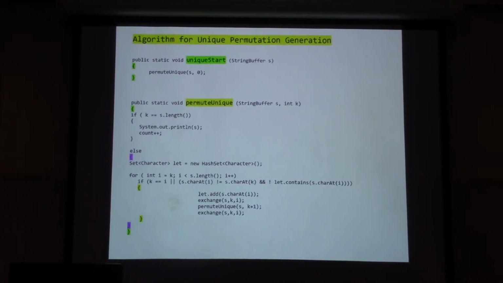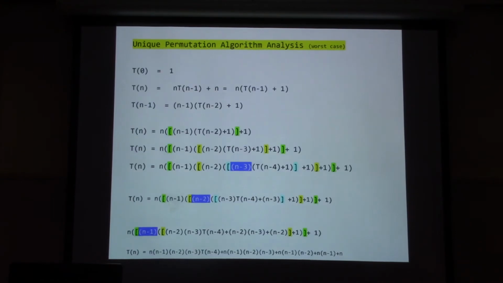We're going to add it to the letters, we're going to exchange, we're going to permute unique, and then we're going to exchange it back. So this is going to skip all of the common ones by simply not exchanging letters that are the same, because they're not going to give us any differences, and keeping track of which letters we've exchanged in the LET set.